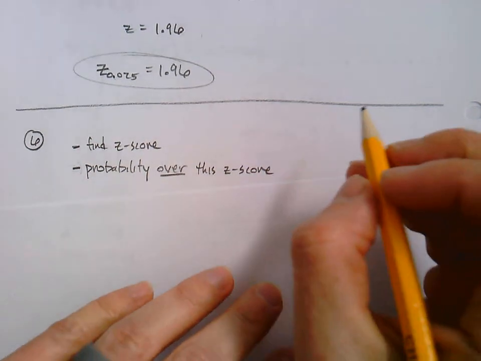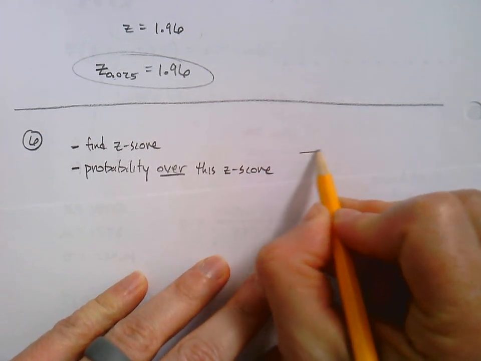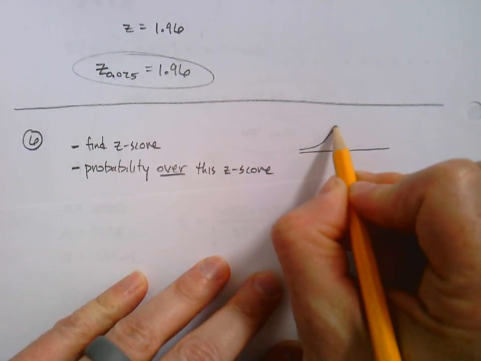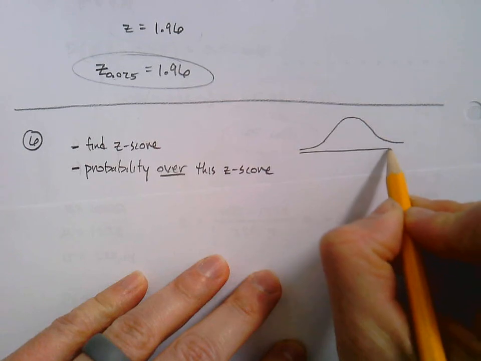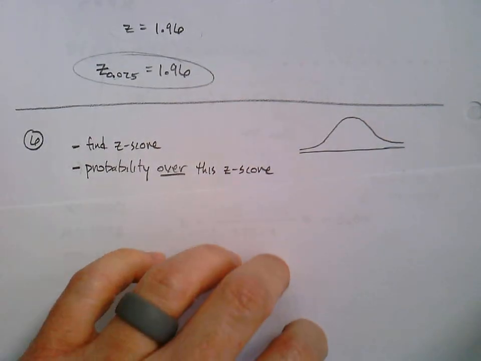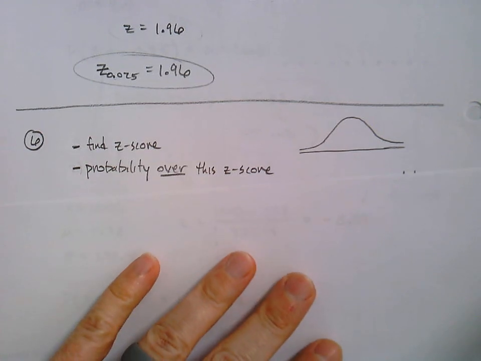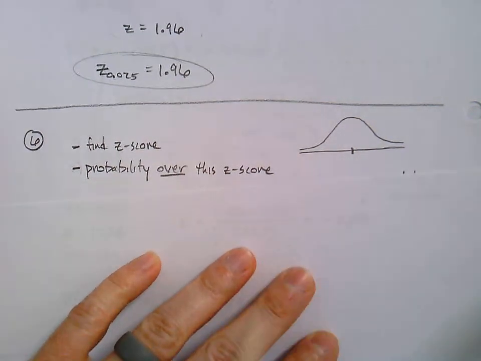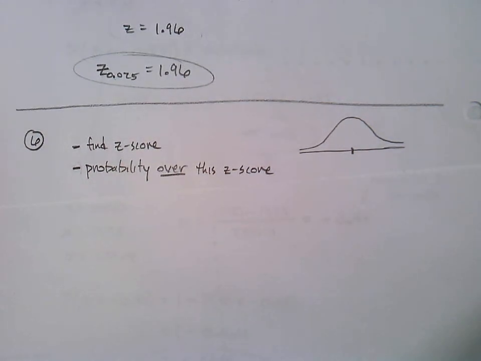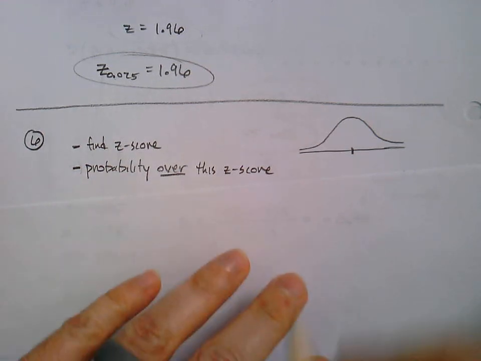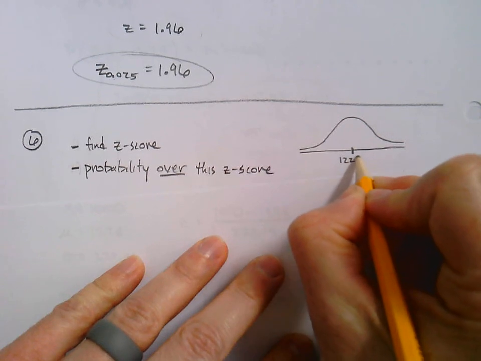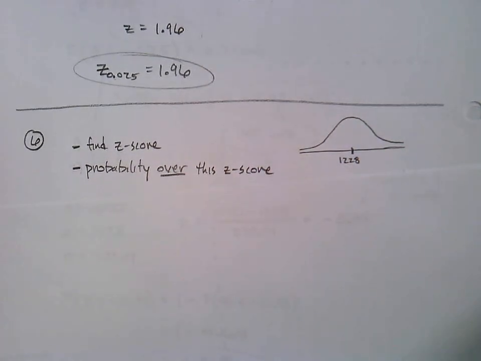Okay, so here's the idea. You can tell that I'm obsessed with drawing these out. They told us the average is 1,228 for U.S. women.